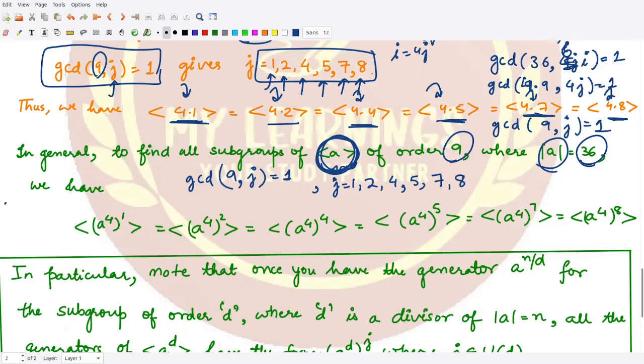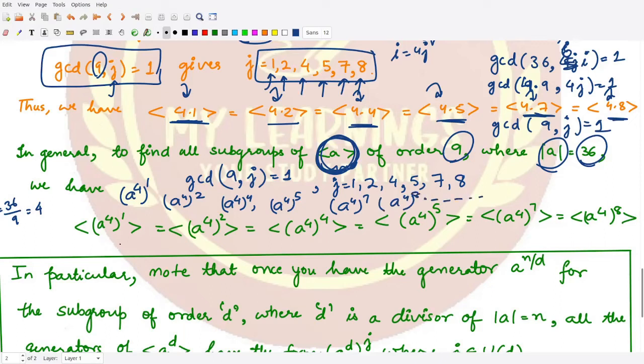We already knew that 36, which was n, divided by d, which was 9, is equal to 4. So a raised to power 4 is one of the generators. Other generators are obtained when you take the power j: a raised to power 4 raised to power 2, a raised to power 4 raised to power 4, then 5, then 7, then 8, and so on.